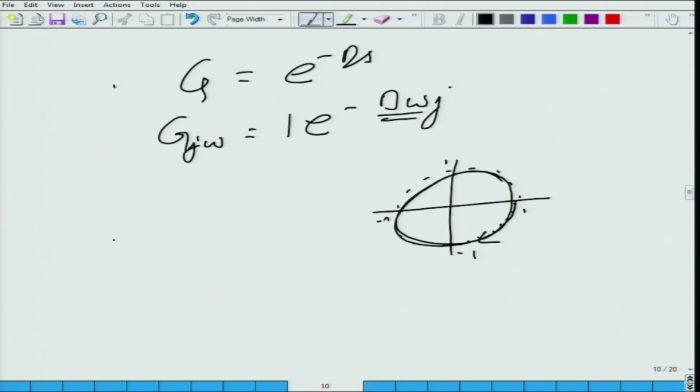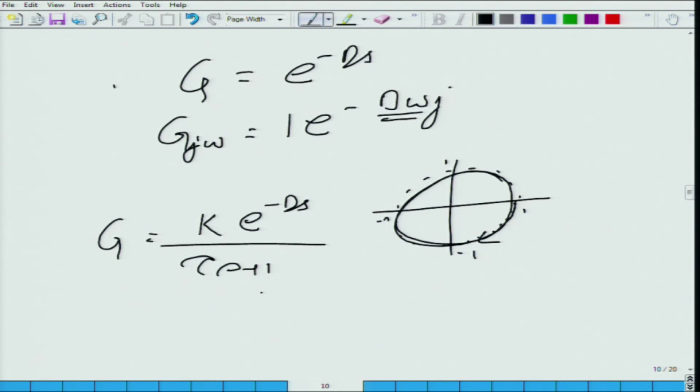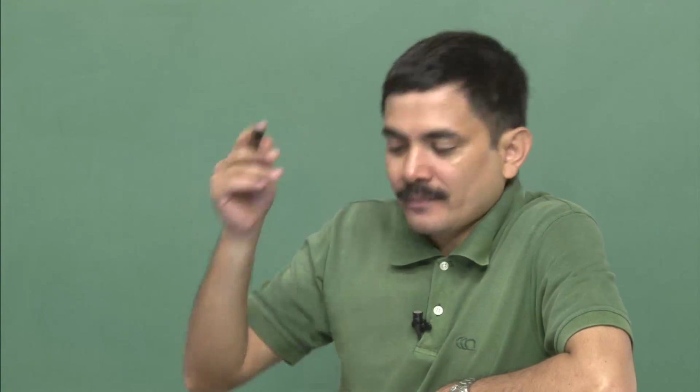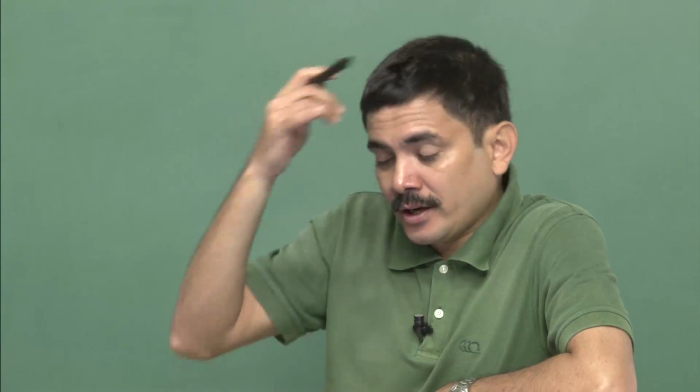Okay. Now, let us say you got G is equal to first order plus dead time. What would the Nyquist plot look like? Well, the lag will force the magnitude to 0 as omega goes large. The dead time will cause the angle to keep decreasing, becoming more and more negative.